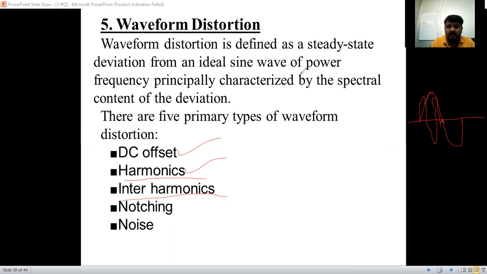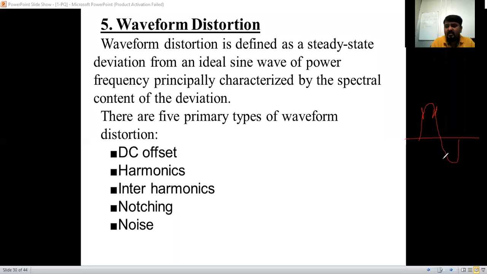Notching is when, in the sinusoidal waveform, suddenly we get a drop like this, so the voltage fluctuation occurs. That is called notching.